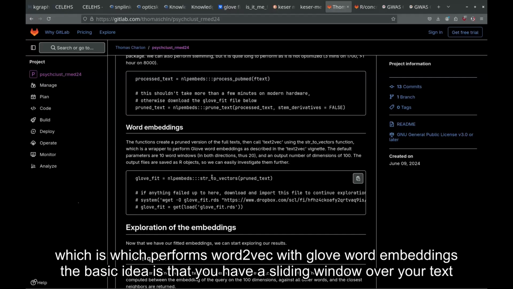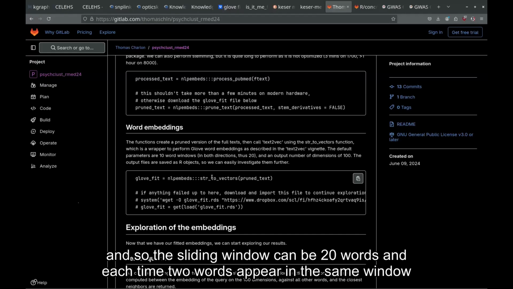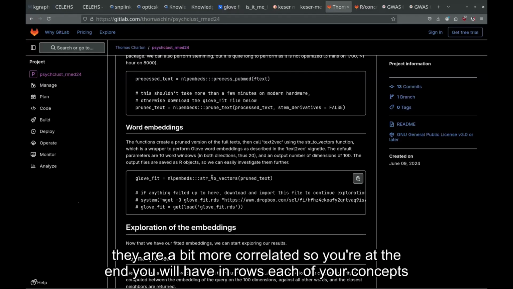word embeddings. The basic idea is that you have a sliding window over your text. The sliding window can be 20 words, and each time two words appear in the same window, they are a bit more correlated. At the end, you will have each of your concepts in rows.